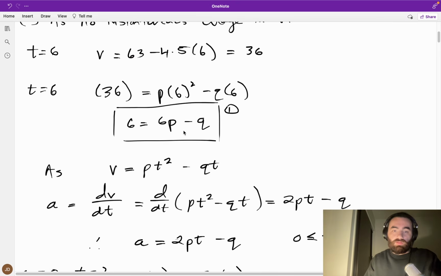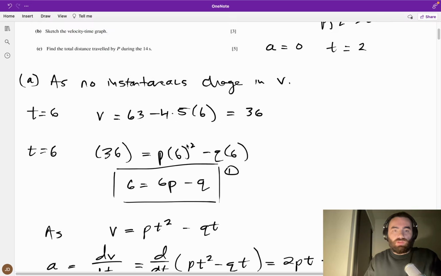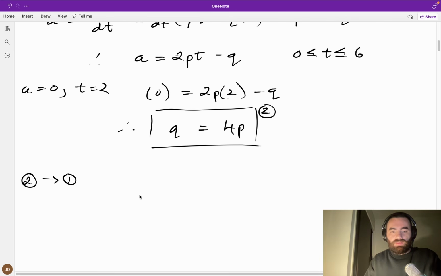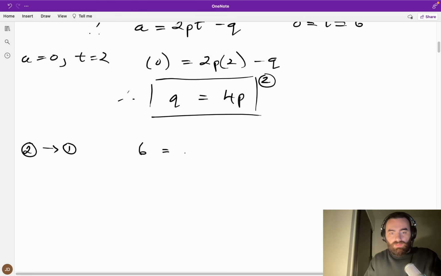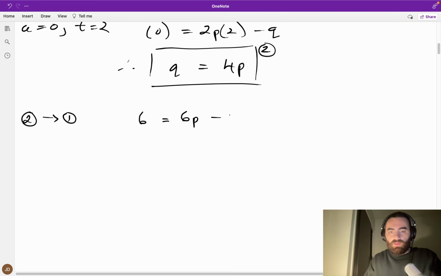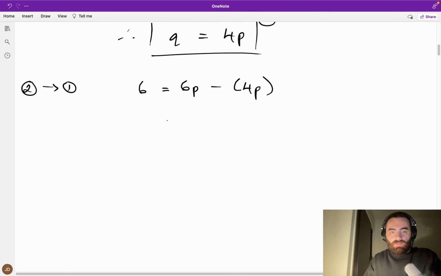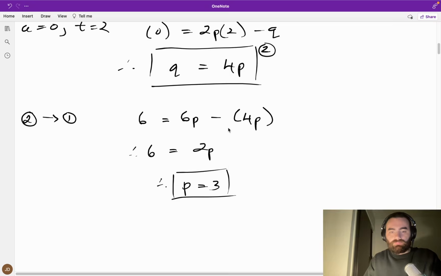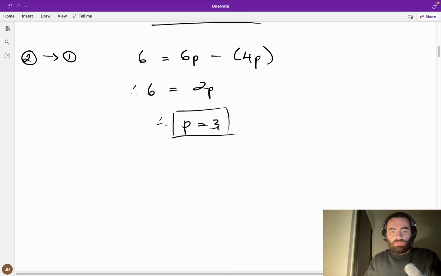So now we can find q and p by substituting one of the equations into the other. Let's substitute 2 into 1. Well, 1 is 6 equals 6p minus q, and our q is 4p. So that gives us 6 equals 2p. So therefore, p equals 3. Okay, and so then we can find q.